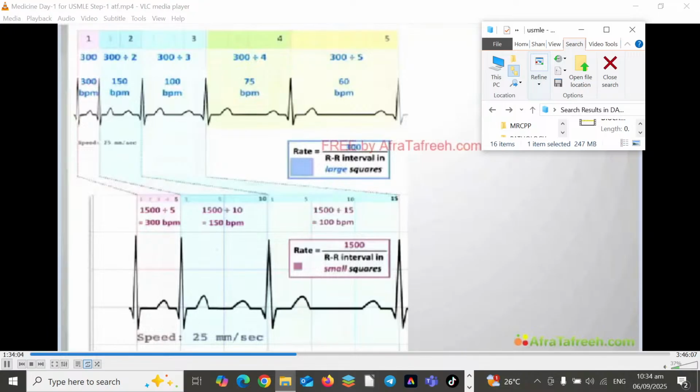For your EKG at an advanced level, or even when you are appearing for your steps, because the time allocated per question is going to be very less, we'll have a trick for this, like we had a trick for the EKG axis. What we have here is 100 and 60. These are the two numbers you need to remember. Anything between 100 and 60 is a normal rate.